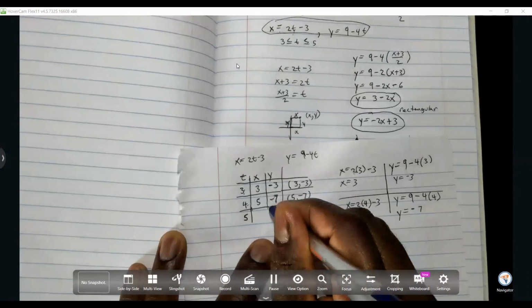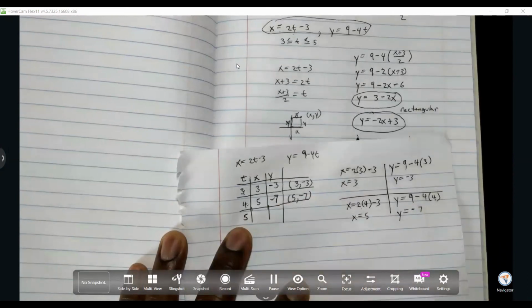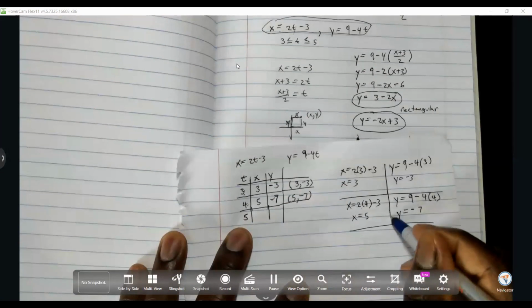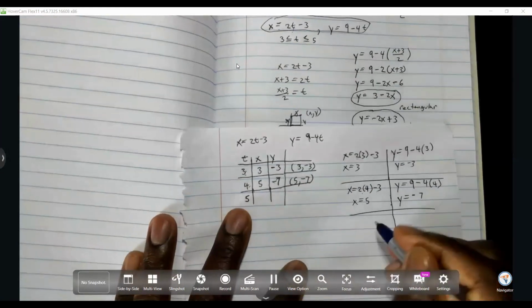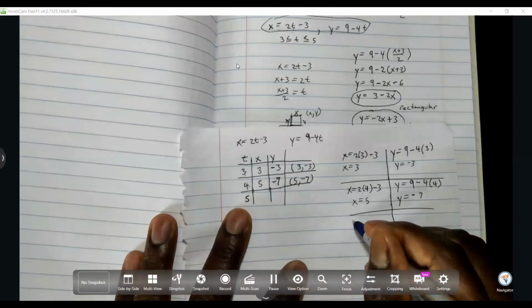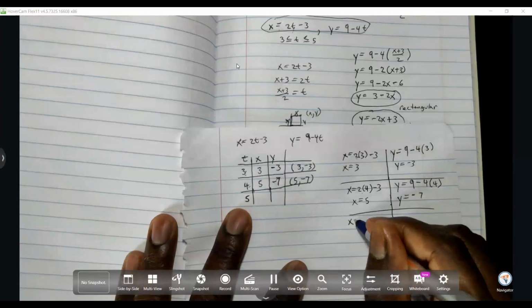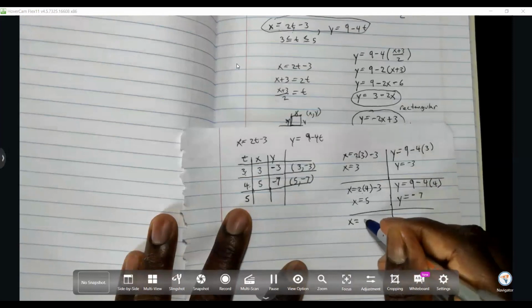All right, so could you describe to me then the process that we'll use to determine the final point? Plug in 5 to both equations. Okay. So what would that look like? X equals 2 times 5 minus 3.